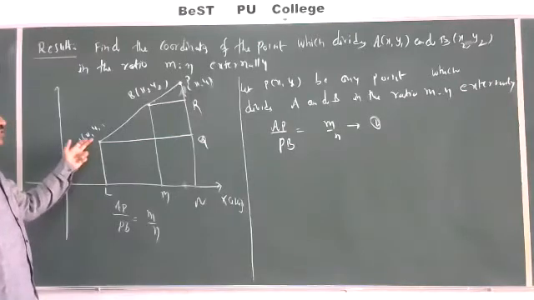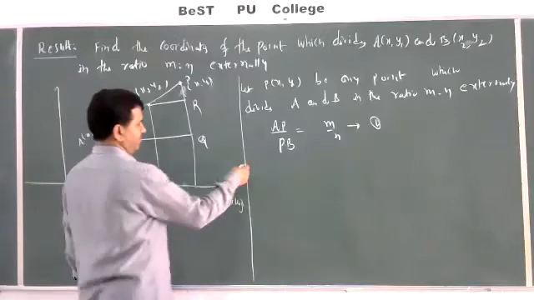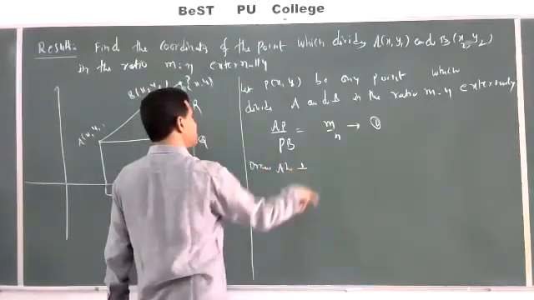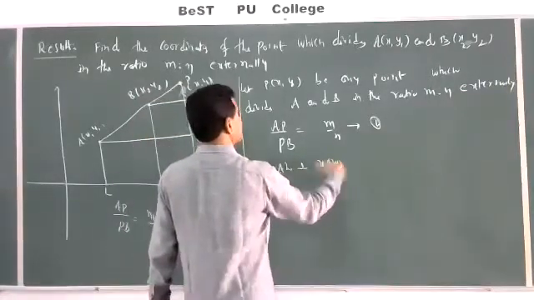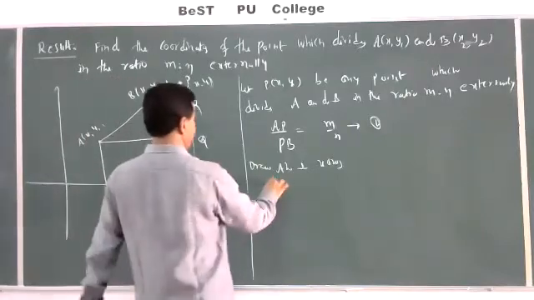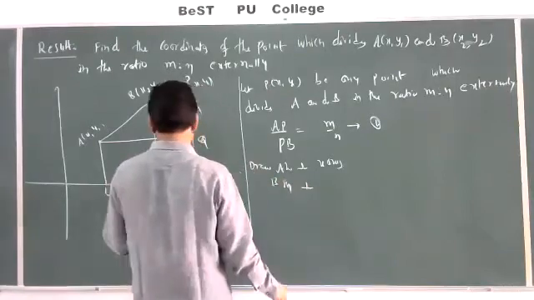Next, do the construction. Draw AL perpendicular to the x-axis. BM is perpendicular to the x-axis.